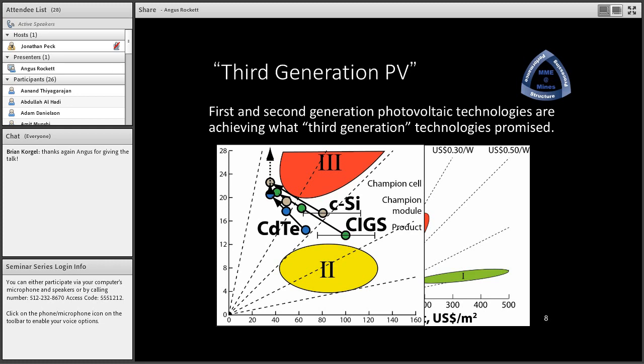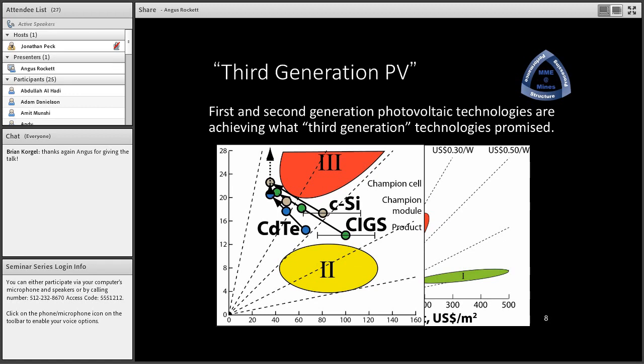And so the circles on the left-hand side represent more or less the current technology performance. In the case of cadmium telluride and crystalline silicon, polycrystalline silicon, the prices are in the range of 50 to 70 cents a watt.